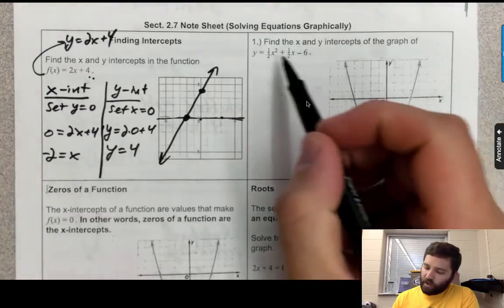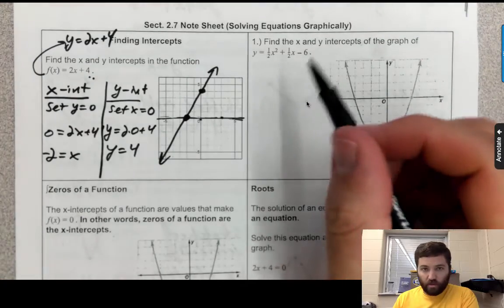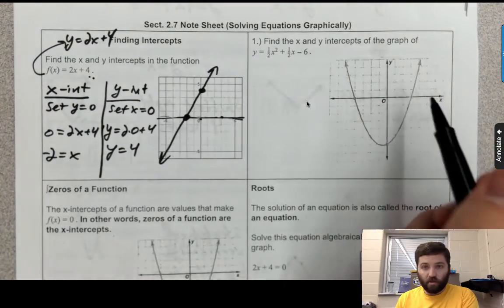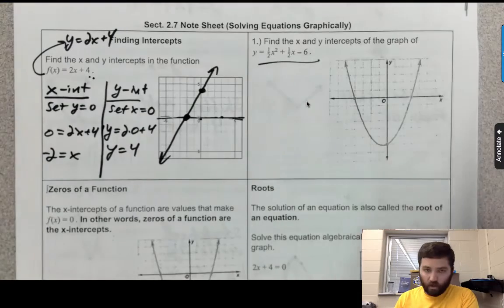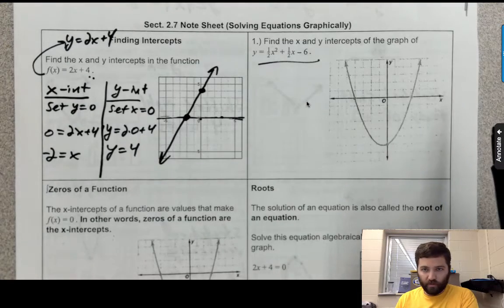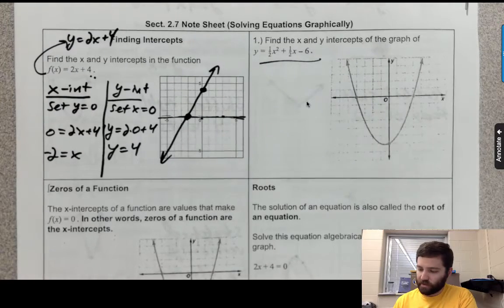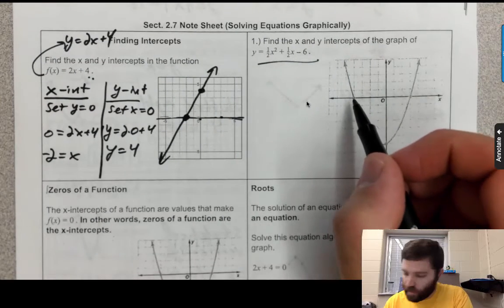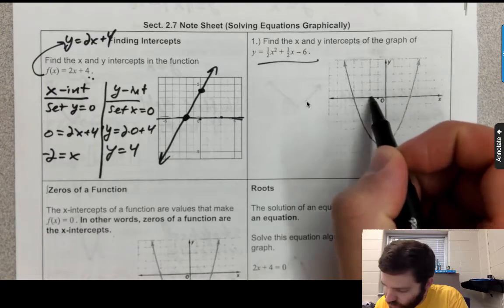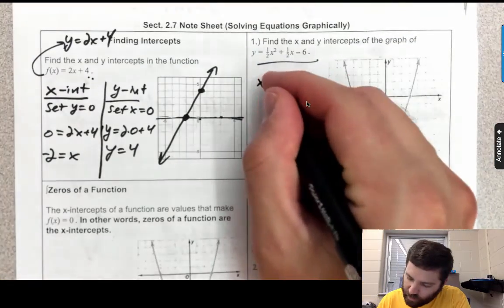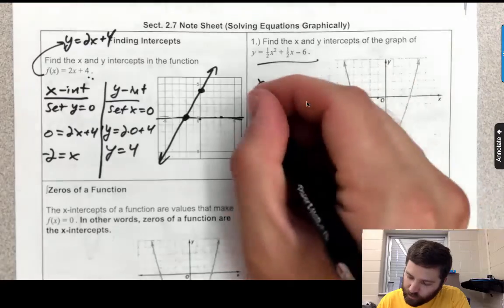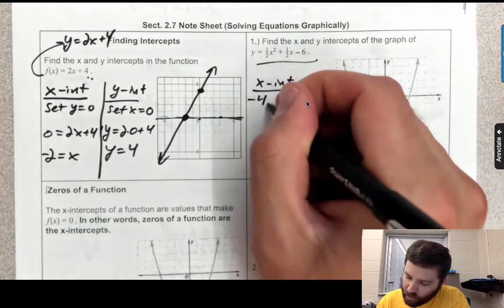In this graph, we want to find the x and y intercepts. I've already given you the graph, but you can put this in Desmos, or you can put this in your graphing calculator and figure it out that way. The x-intercept, you can see from the graph here, is at negative 4, 0.